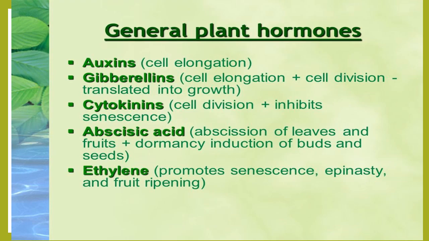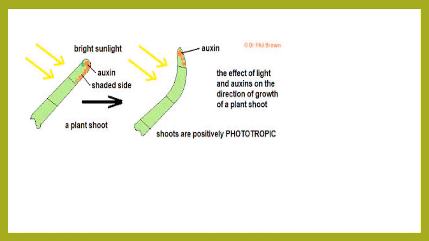Now one by one, in detail. So a diagram. Here you can see auxin: the yellow arrow is for the bright sunlight, where auxin is less, and the orange color is the shaded side where light is less. So where sunlight is more, auxin is less. Where sunlight is less, auxin is more. So auxin is actually working away from the sunlight.